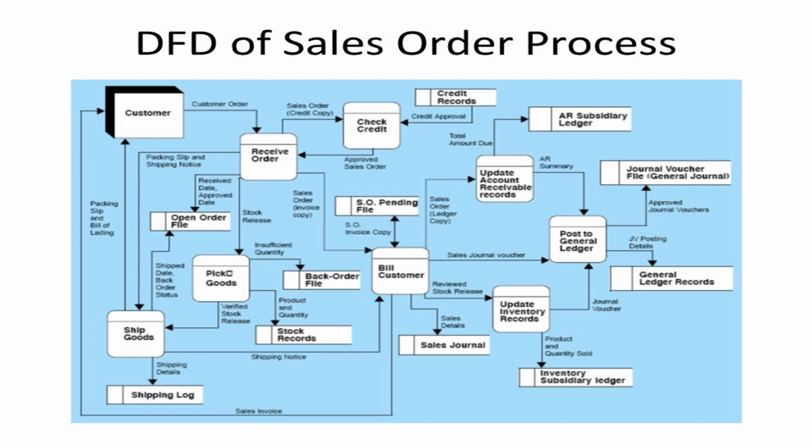It shows the flow of the transaction starting from the customer when the customer sends the customer order and processes it up to the posting to the general ledger, to the end. So in the next class we will have step by step for this DFD. So let's go.